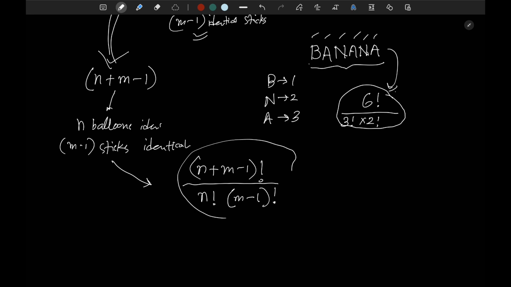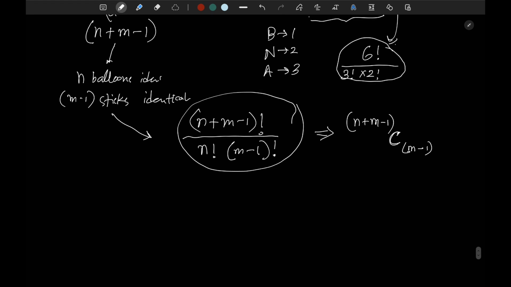This particular thing is nothing but n plus m minus 1 C, where C stands for combinations, or it is also known as choose. So n plus m minus 1 choose m minus 1.